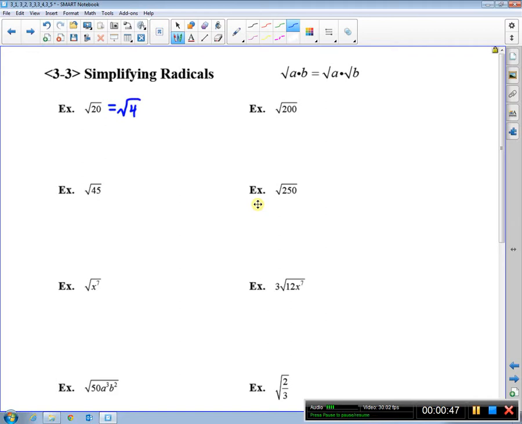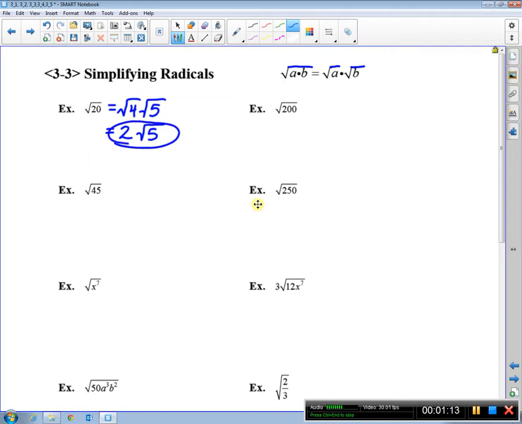So 4 and the rest. 4 times 5. 20 is equal to 4 times 5. And it shows up here at the top that we can take radicals and split them up. And then, of course, the square root of 4 is 2, and the square root of 5 remains square root of 5. So that's what we get.